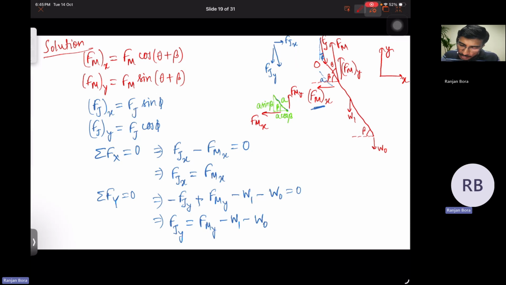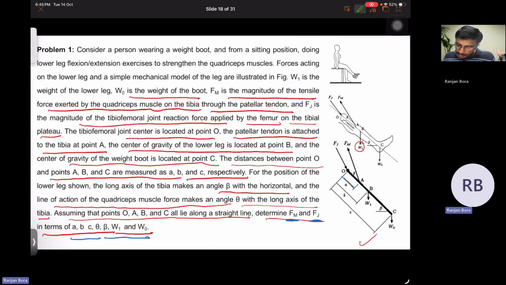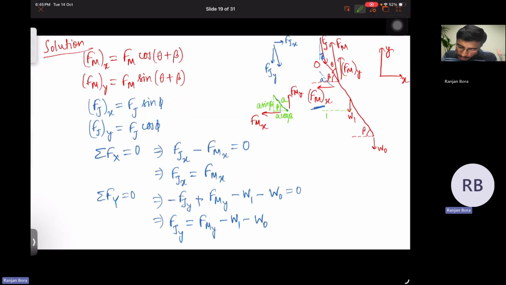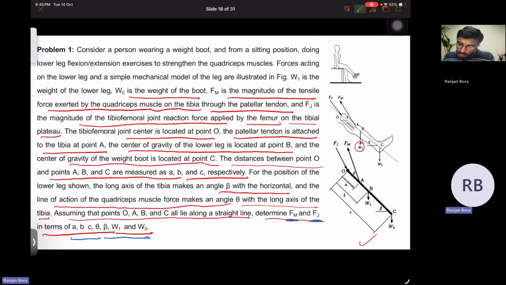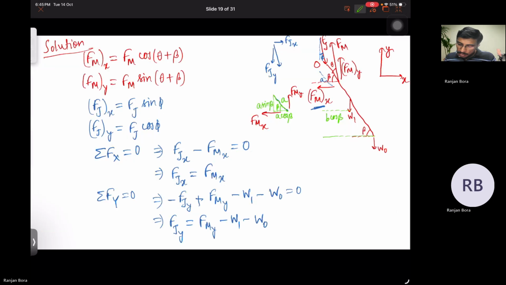Similarly, for the force W1, the moment about point O will be B cos beta, since this distance was given as B. And for W naught, it is C cos beta.